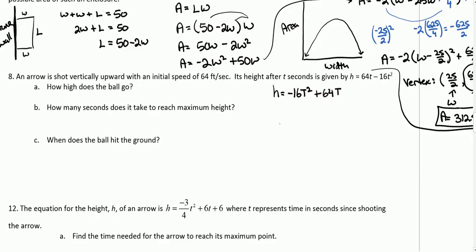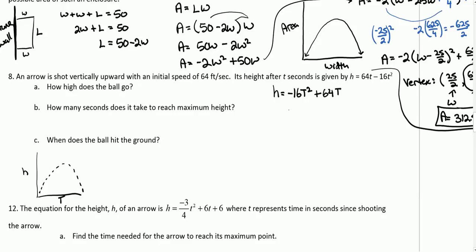I'm going to put this in vertex form. This is a quadratic. Again, we get that picture. I'll draw it down here. We have the height of that ball over time, and so that ball creates this parabola.